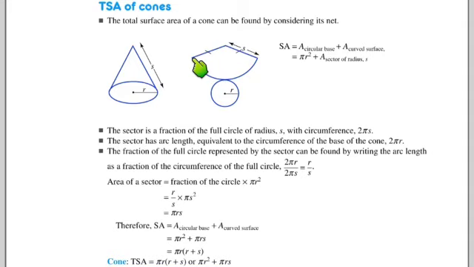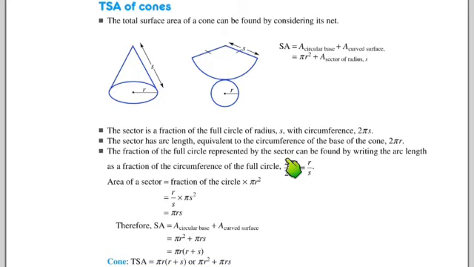This arc is 2 pi r, and if you divide that by the perimeter of a full circle, which would be 2 pi s, you get the fraction that this sector is of a full circle. 2 pi r divided by 2 pi s is r over s when you cancel out the 2 pi's.